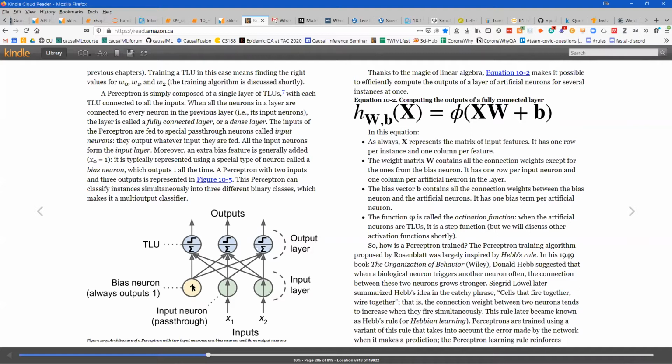So what's the significance of this constant in the perceptron? When you have a constant, you're taking a linear combination of the weights. This is one of the inputs, and there's a weight associated with it, and that weight is the bias, the additive constant.